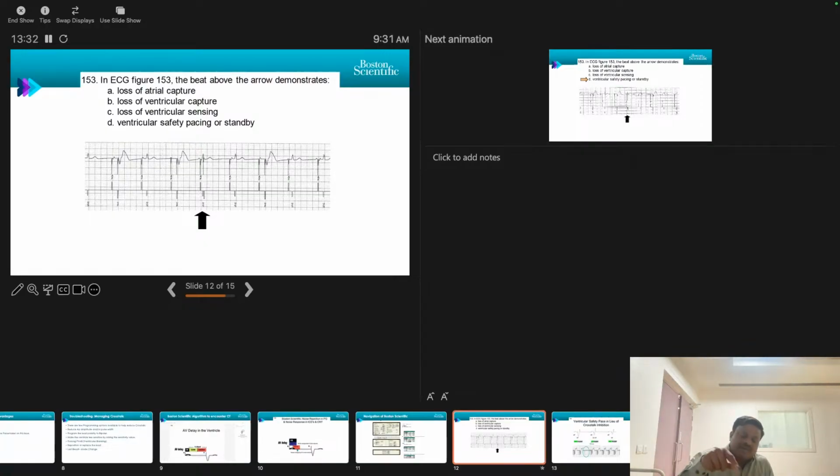One belongs to the device sensing the atrial pulse. And the second is, after a delay of 110 milliseconds, the device delivered a pacing spike. Even though the gap from the initial pulse to the second one is very minimal, the device is not able to mark it as a V pace, but this is a safety pacing that we are going to see.